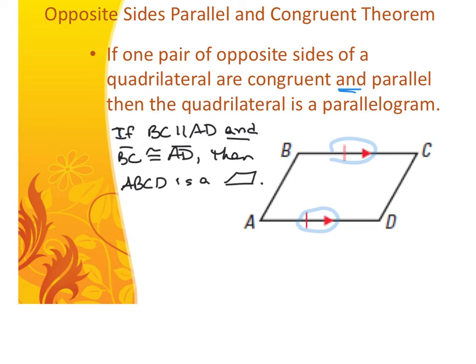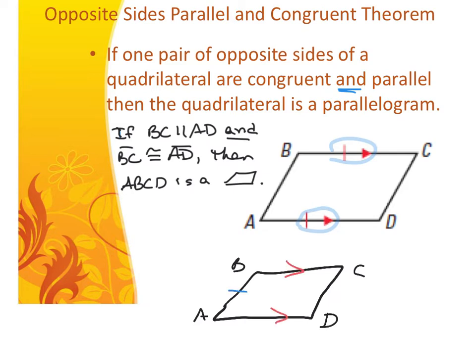Let's say we had this picture of our parallelogram. Let's do the same order of the letters, A, B, C, D. Let's say the parallel mark was here, but the congruency mark was here. This would not be enough information.